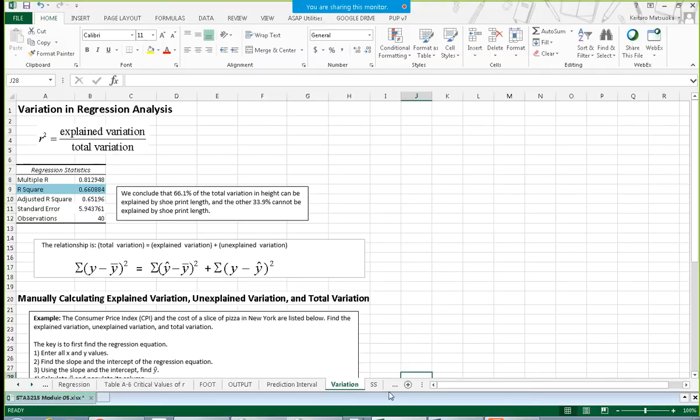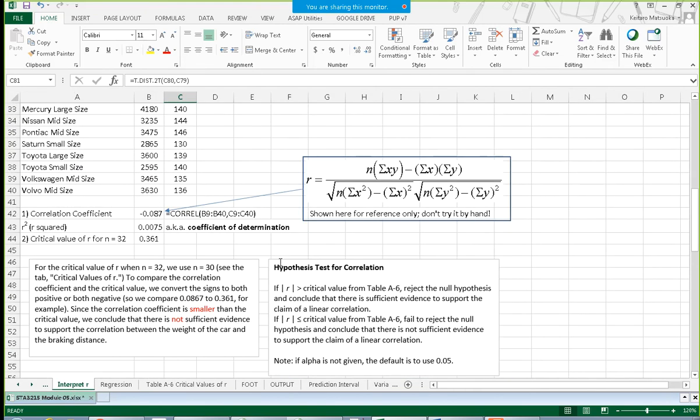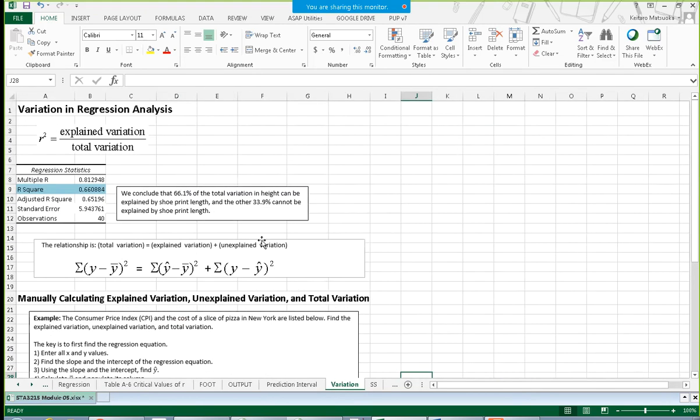So, going back to the spreadsheet, we want to know the R squared, which is the coefficient of determination we saw earlier, because it's a ratio between the explained variation and the total variation. So what percentage of explained variation is out of total variation?